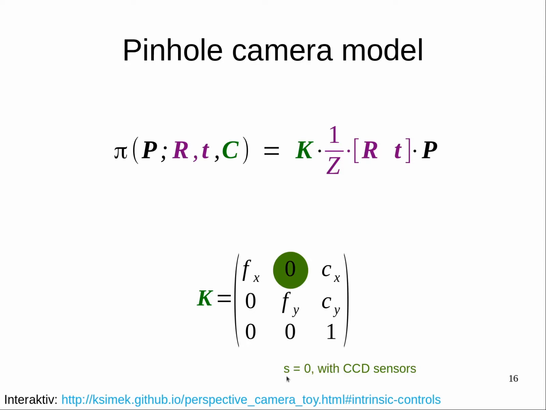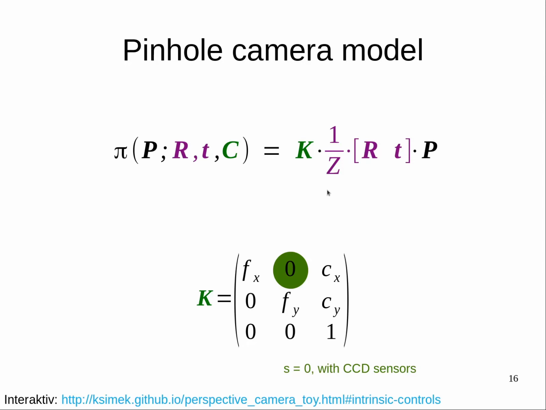What this Q parameter models is when your pixels do not have a right angle, but rather have some skew. This could happen with film cameras, where the film is deformable, but CCD sensors are rather sturdy, so it's safe to assume that skew is 0. And this is why we are ignoring it. Also, the OpenCV library does not allow you to calibrate the skew with the basic camera model.